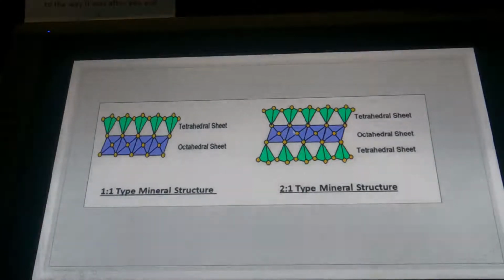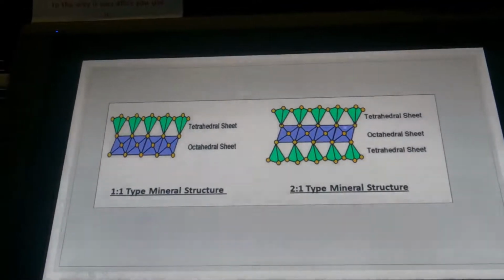On a 2-to-1, we have 2 of those layers, the peanut butter sandwich. And if we add water in between, when water enters in between the tetrahedral and the octahedral, it will swell.